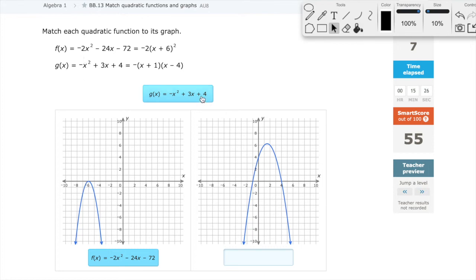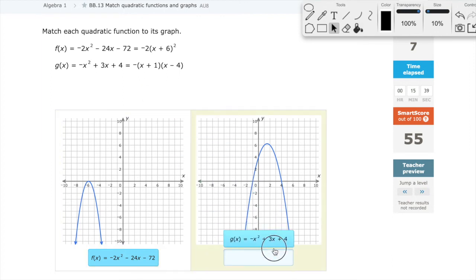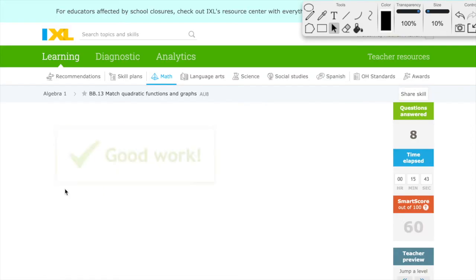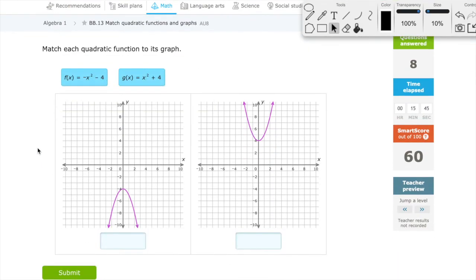For this one, it's going to cross the y-axis at 4. It's also going to cross the x-axis at -1 and +4, -1, +4. So a couple different things to check and make sure we're on the same page there. Okay, for this one, they gave us kind of an easier one in my opinion here.